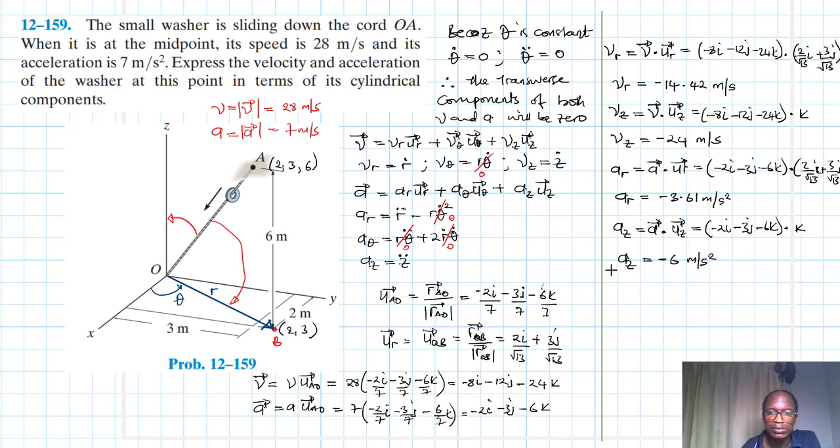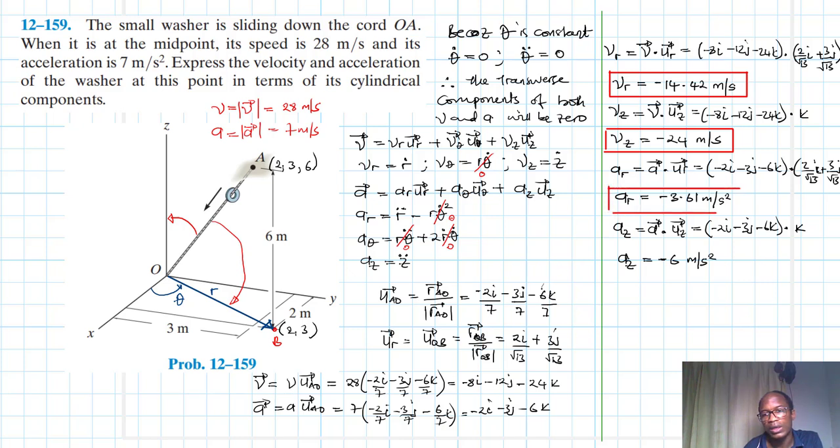So let's outline the solution. You can represent these as vectors if you want to. We already have all the information. So we have our VR, we have our VZ, we have our AR, and we have our AZ.